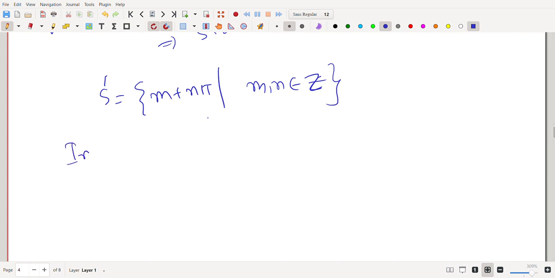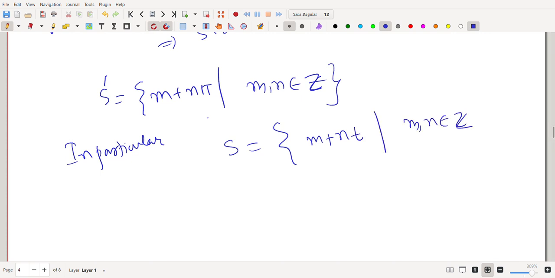In particular, you can show that if S is m plus n t, where m, n are integers and t is an irrational number, then clearly S is dense by the same property. It's a very strong result. I can prove it by using simple group theory, which is quite easy, right? That's why it is very much interesting.